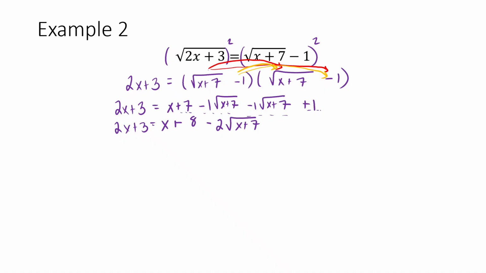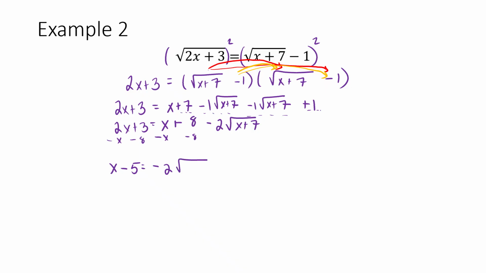Now I can take these two terms right here and move them over to the left and isolate the new radical. So I am going to subtract x from both sides and 8 from both sides. 2x minus x is x, and 3 minus 8 is -5.